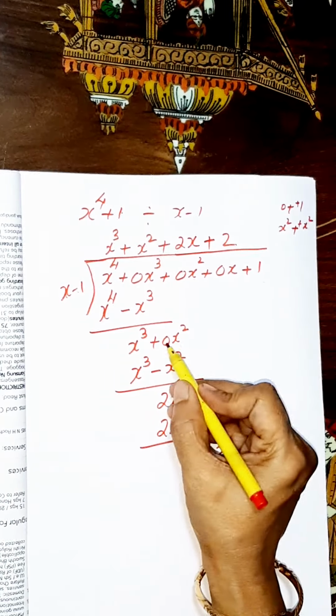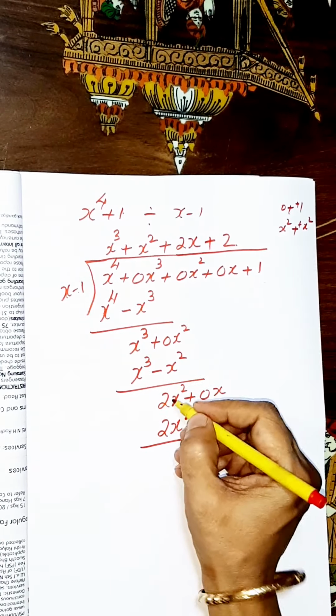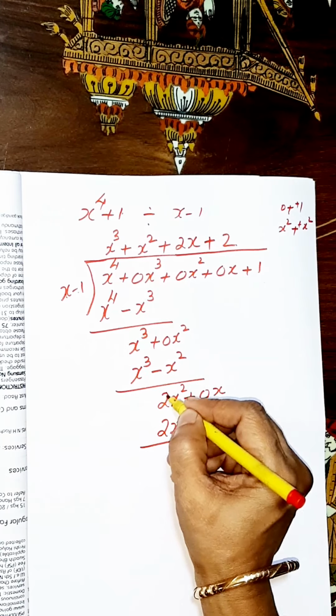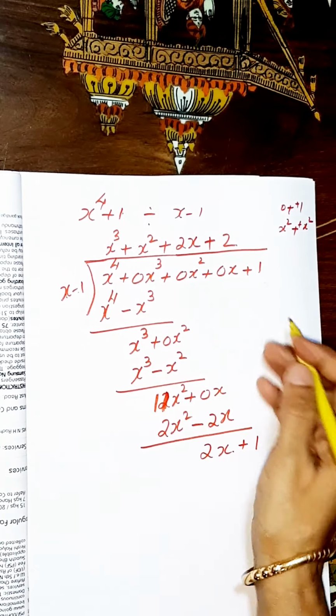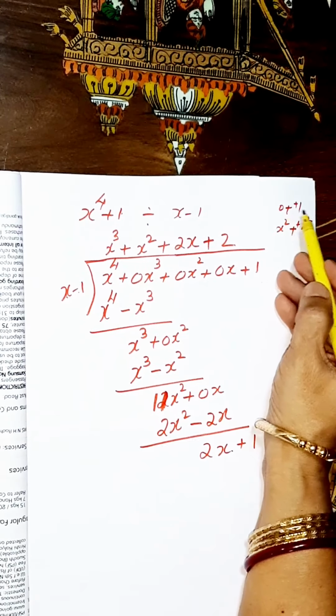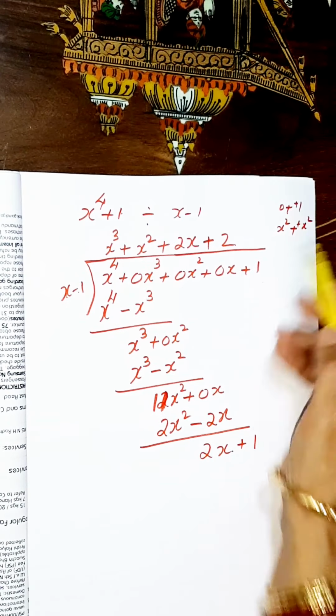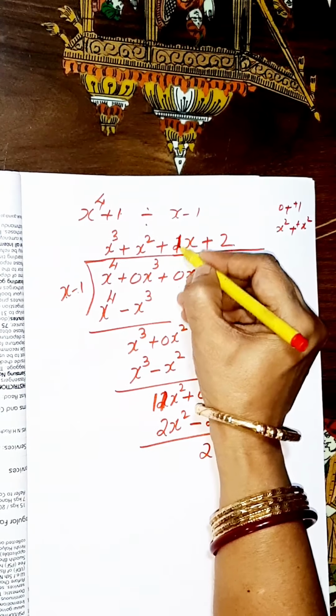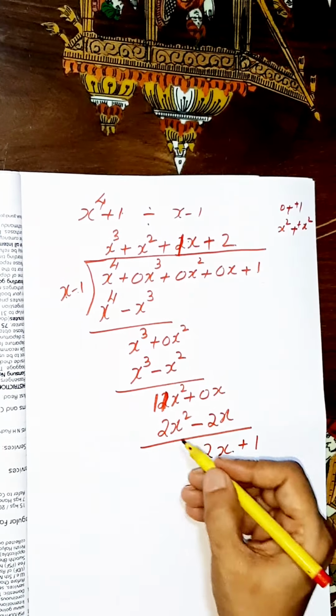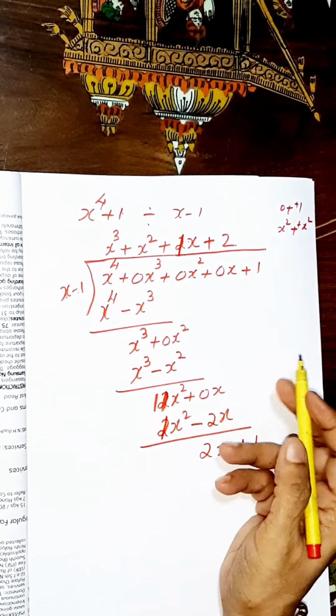Sorry, here it is 0x squared minus minus, so it is only 1x squared. I am so sorry. It is 1x squared. 0 minus minus 1 is plus x squared. So you have to multiply with plus x only, 1x. So this is also 1x.